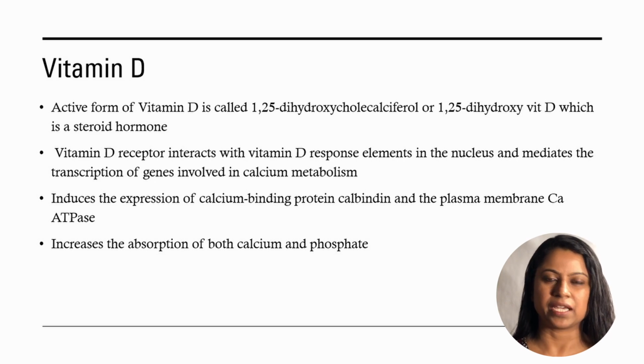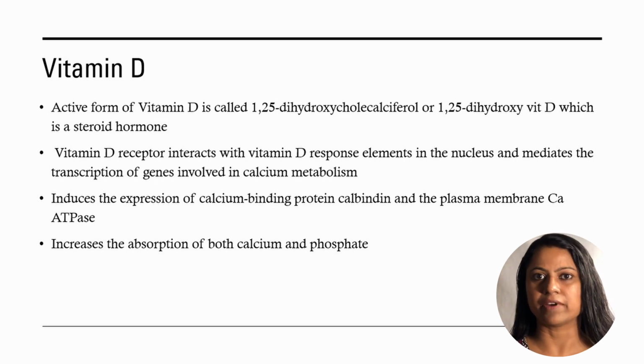The first step occurs in the liver, where carbon 25 is hydroxylated. This is followed by hydroxylation at carbon 1 that happens in the kidney. Hydroxylation of vitamin D in the kidney is done by the enzyme 1-alpha hydroxylase, which is stimulated by PTH.